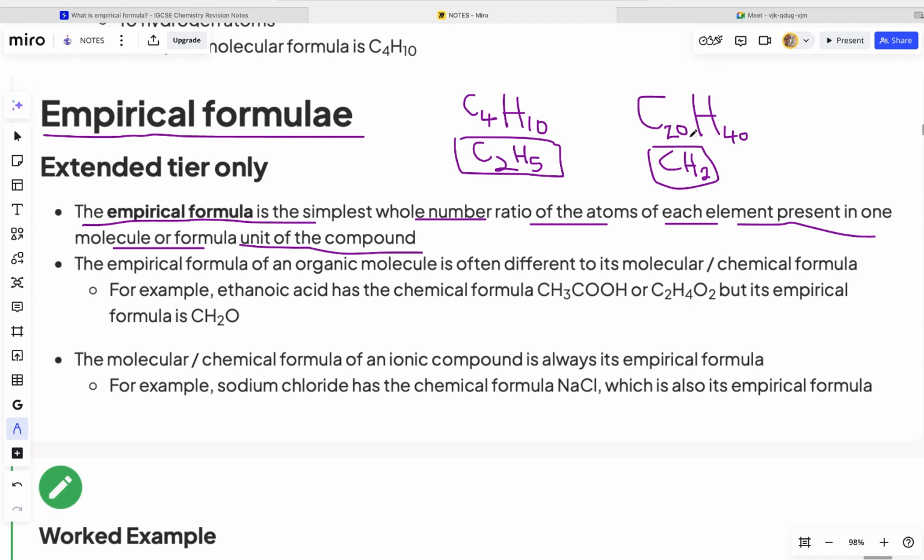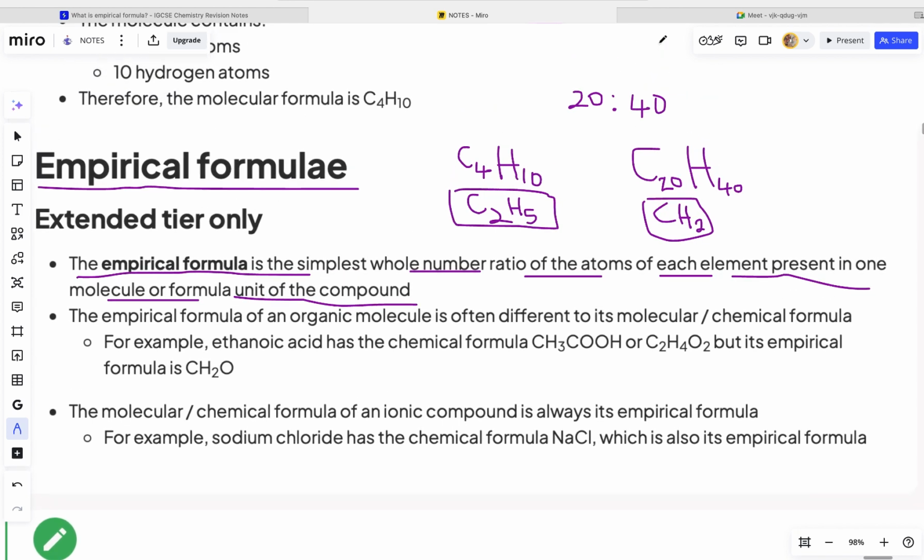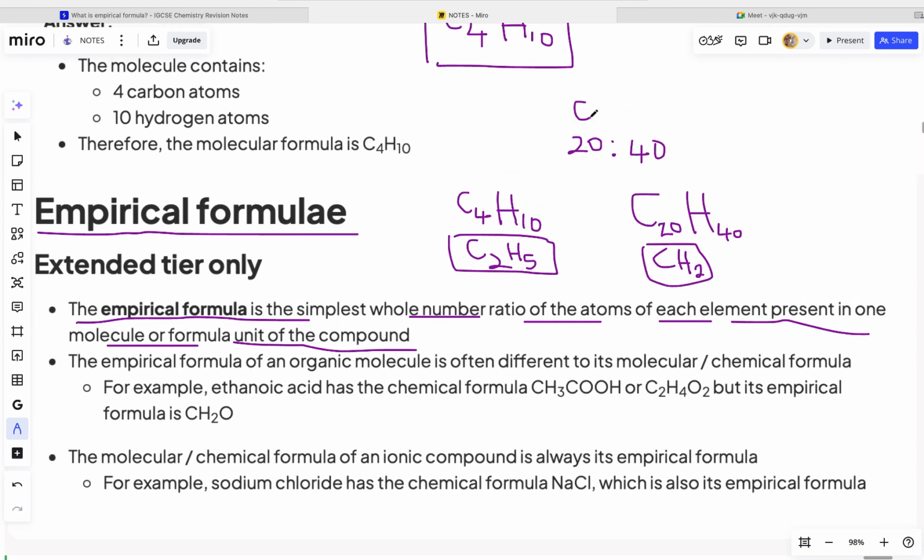We've reduced this from 20 to 40 in the molecular formula, because carbon atoms were 20 and hydrogen atoms were 40. What we succeeded in doing is reducing this to the simplest whole number ratio, meaning I divide here by 20, divide here by 20. Now we got ratio 1 to 2.